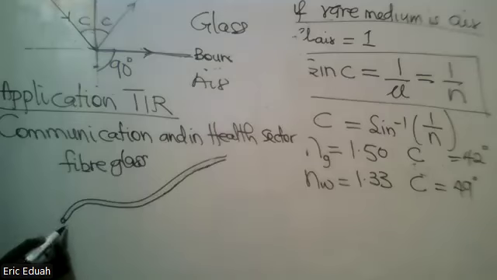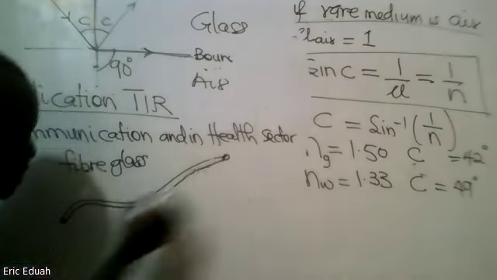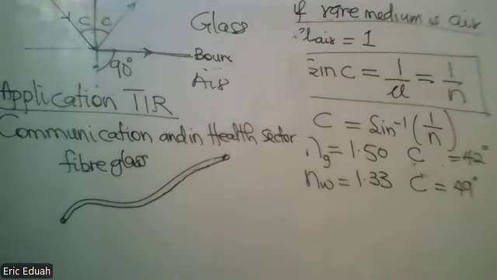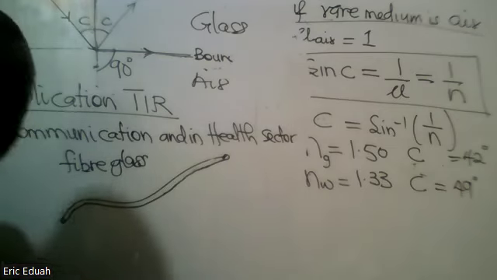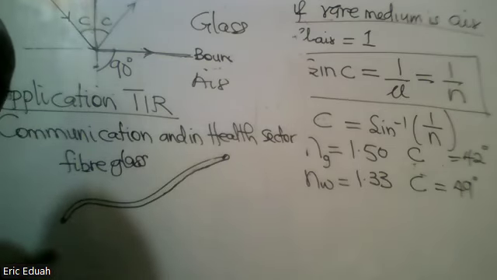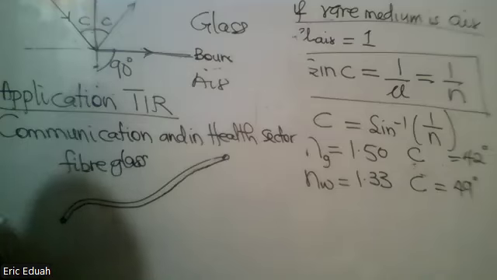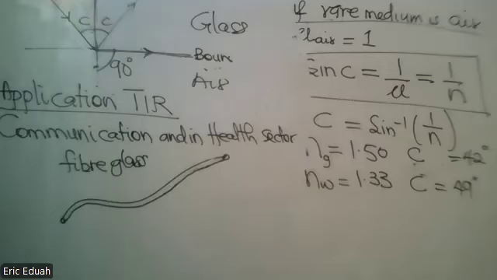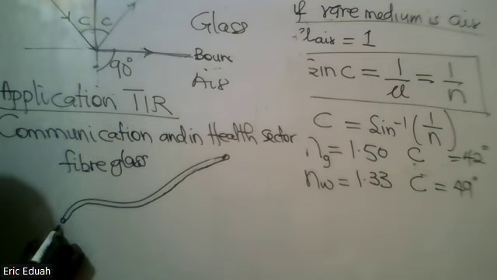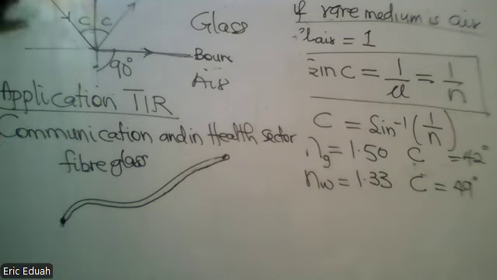Because they have an idea of the critical angle of glass, information is transmitted in the form of light. Now, in using wires, information is transmitted in the form of electrical currents. Here, the information being sent is put in the form of light, and it is incident at the critical angle. So they know the critical angle of that.